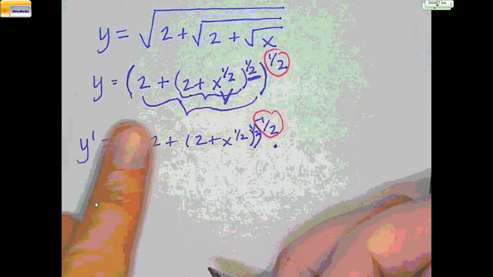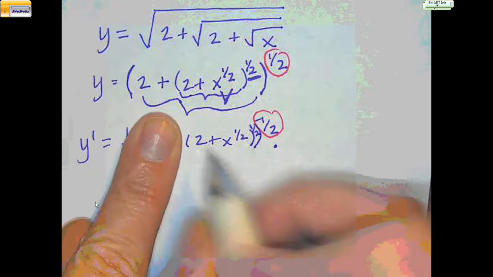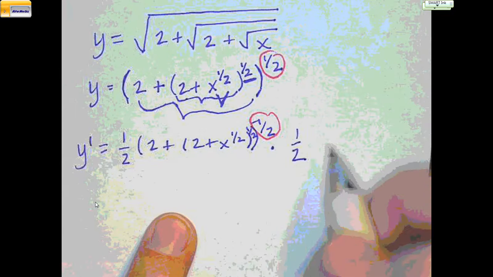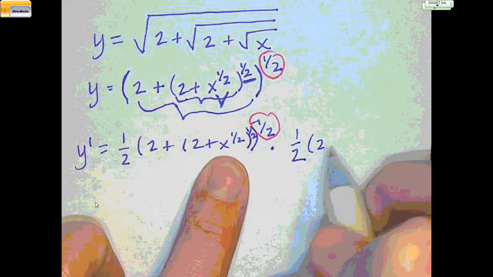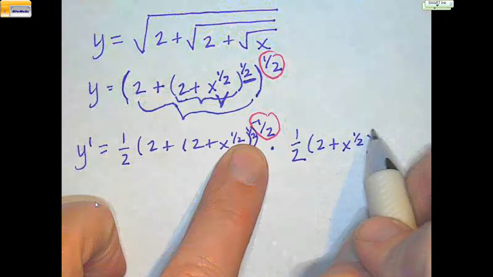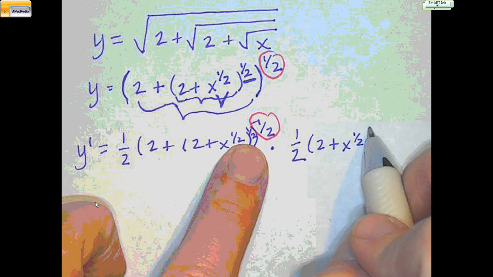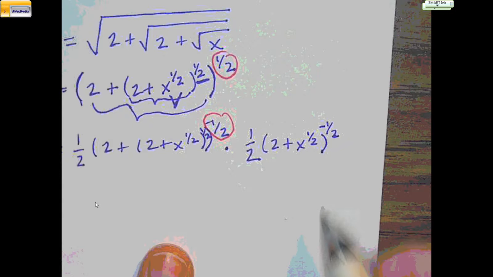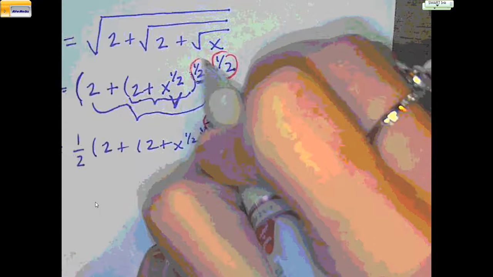So you don't need to put that down, because it's just 0 plus the rest of this. So we have a half times this whole piece that's left, 2 plus x to the half. And now it's not to the 1/2. 1/2 minus 1 is negative a half. So now we've changed this one right there.